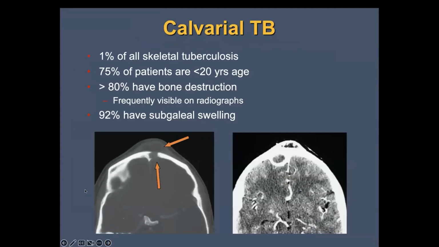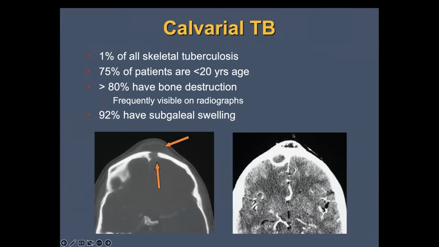And calvarial TB is another location. It's uncommon. It's most common in children. And almost always there will be a significant area of bone destruction in the skull associated with some subgaleal extension of the disease.